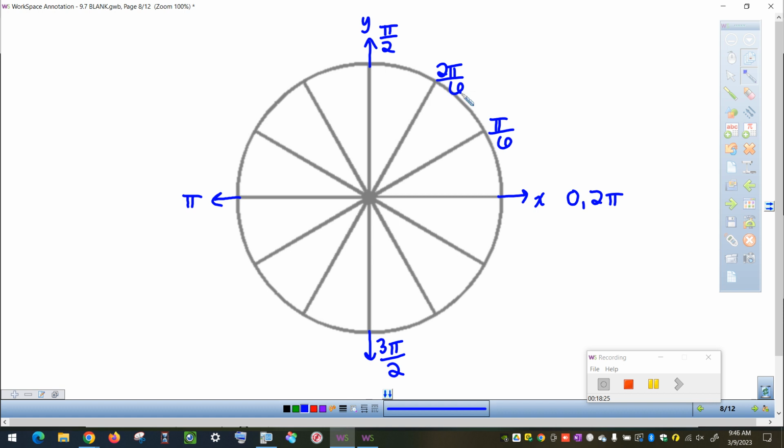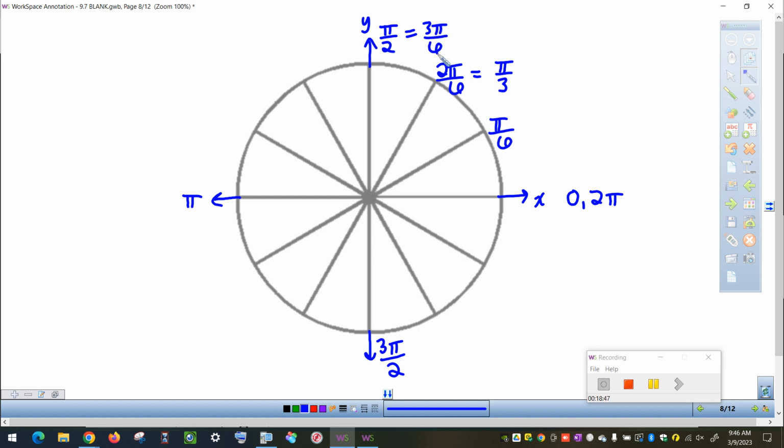Which it looks like we have a position now that we could simplify. 2 pi over 6 is really the same thing as 1 pi over 3. So that's actually the more simplified one that we will use. Counting up by 2 pi over 6, the next one is actually 3 pi over 6.